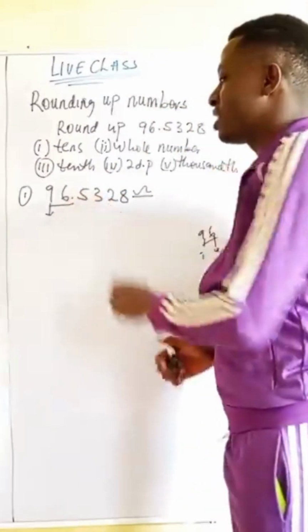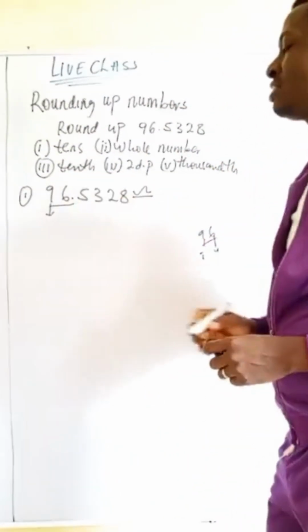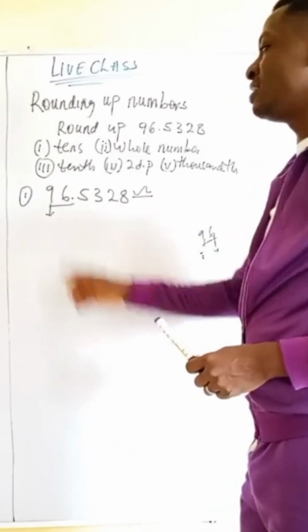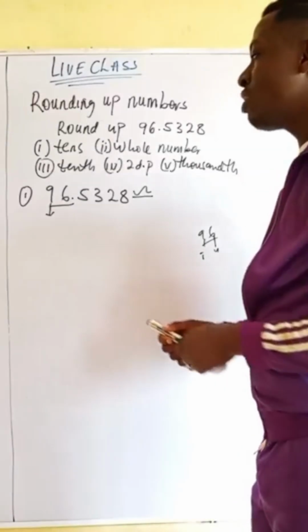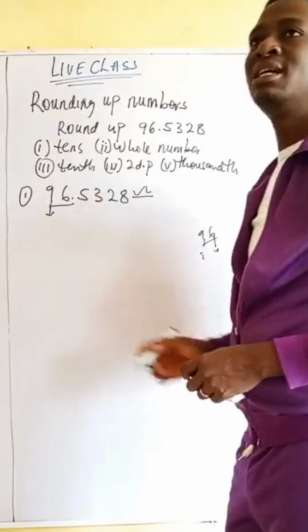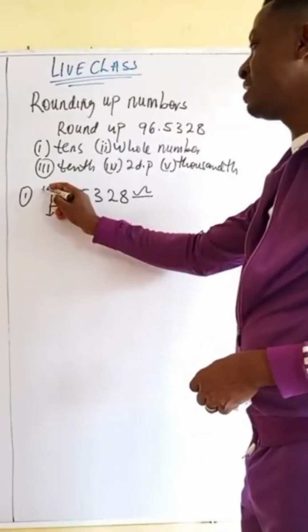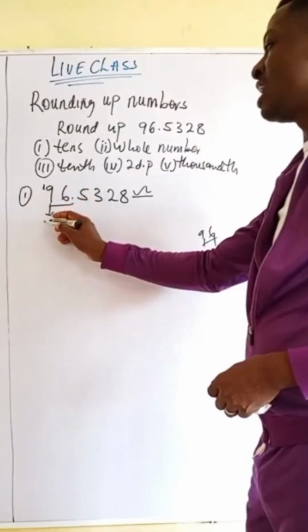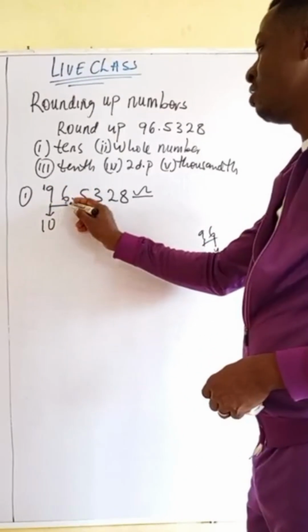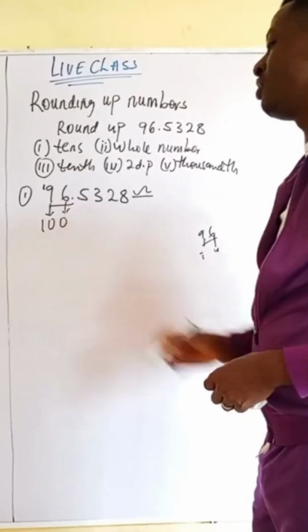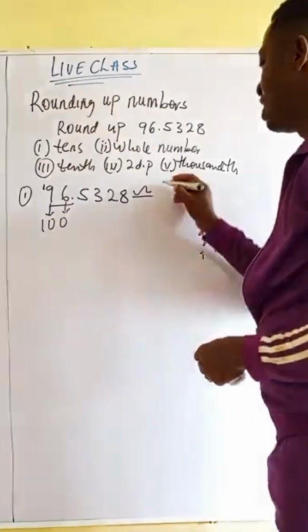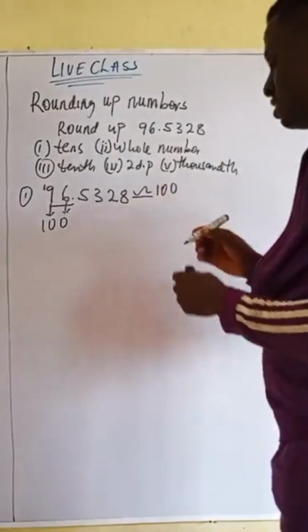We are rounding up to the nearest tens. What number represents tens? 9. Which one are we supposed to consider? 6. Is it up to the number you can round up to 1? Yes. You round it up to 1. This gives us 1 plus 9, 10. Bring down this, and this gives us 100. So the answer here is 100 to the nearest what?